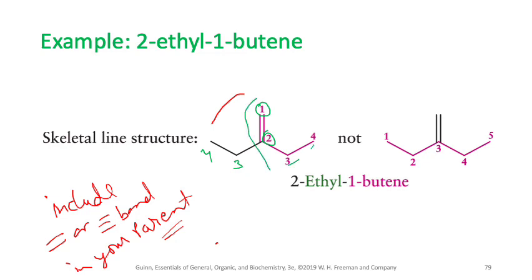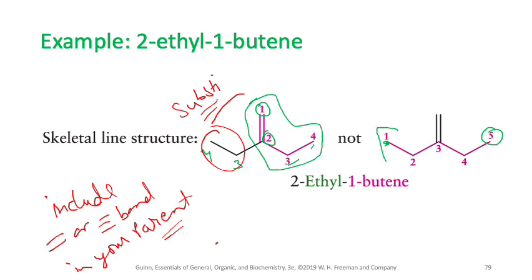So this is your parent chain, the maximum number of carbon, and then this is your substituent. This is one way of counting. The second way of counting is I can start from the corner and keep going straight, and I can get 5 carbon, which is more than 4 in the previous structure. As both of them are the same structure, this can be our parent chain.